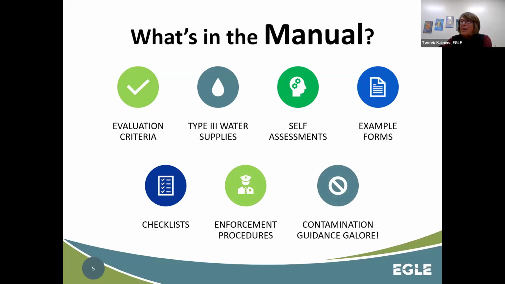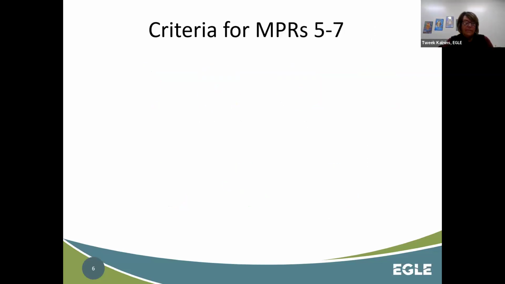And within the MPRs, you're going to see where it draws together what Anita talked about, which is accurate well records, and what Montana talked about, which is information for issuing permits in areas of contamination. So there are guidelines for what's required when we do that. So MPRs 5 through 7 are what we look at for the private and type 3 well program.